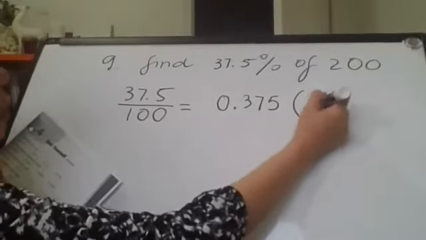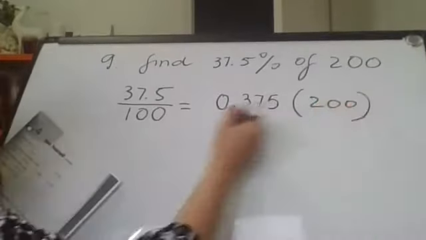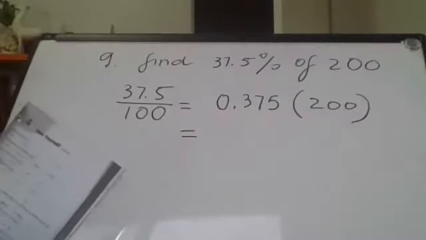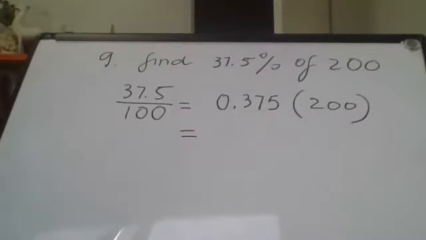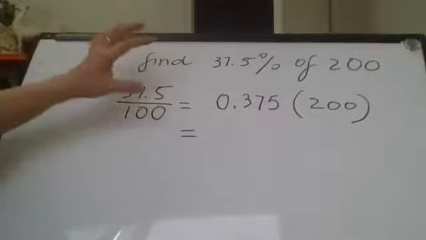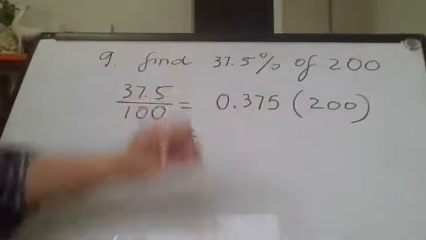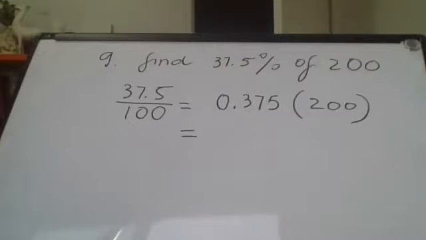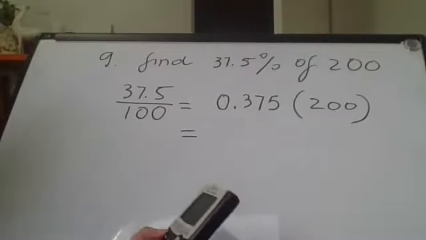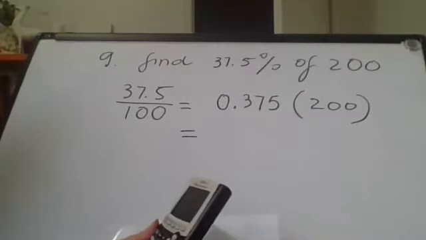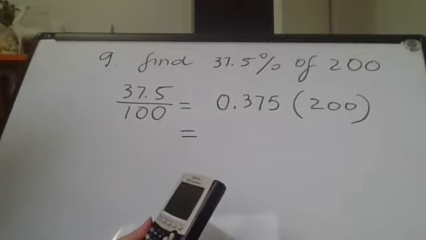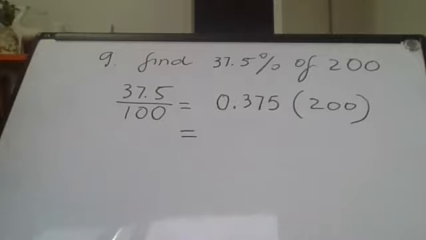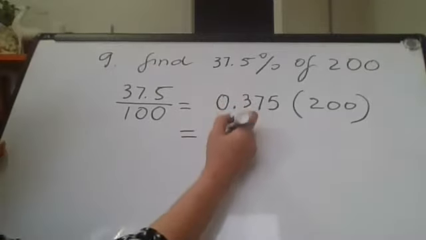You multiply with 200 and you get the answer. Basically, to find the percentage of some number, you multiply them together. 0.375 times 200, the number is 75.